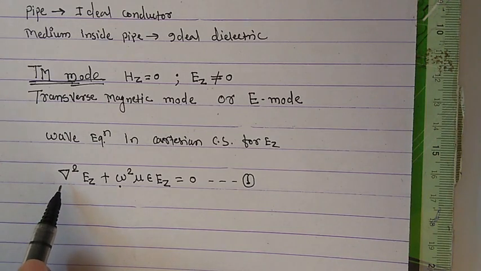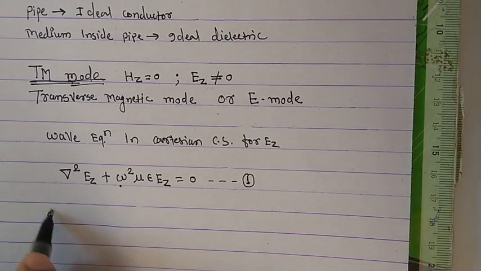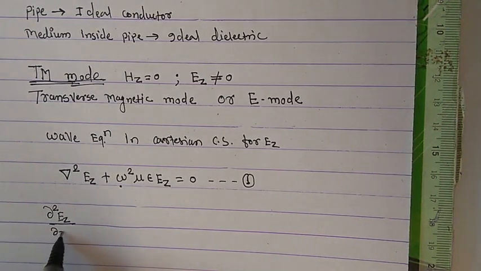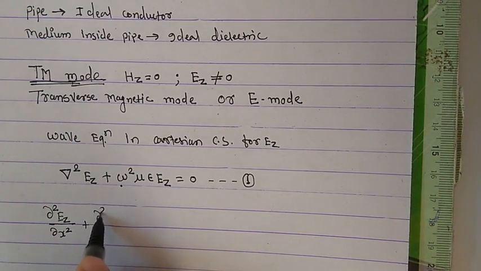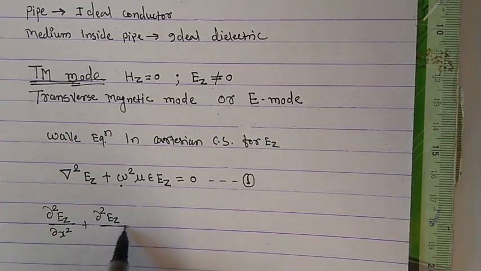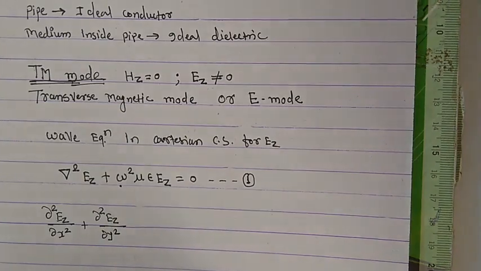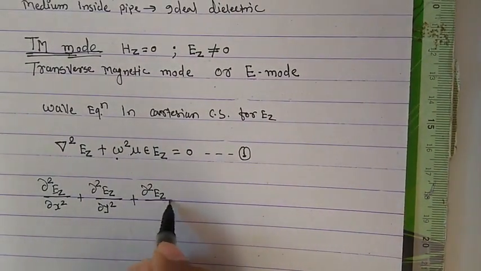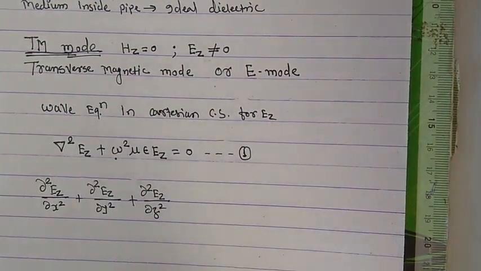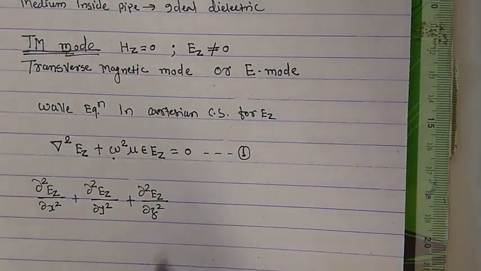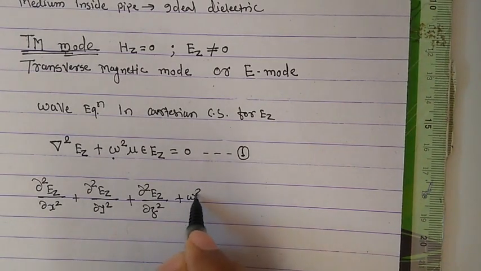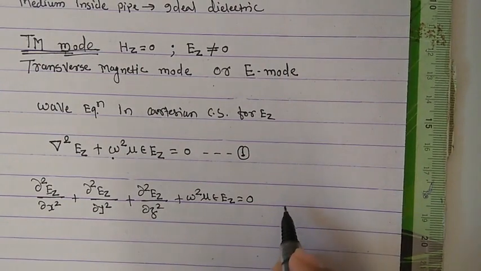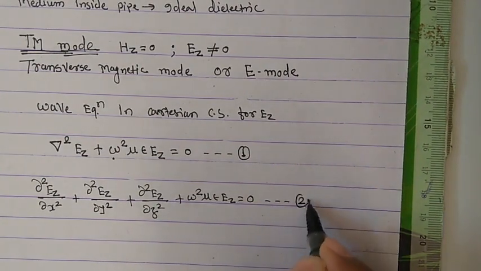So expanding del square, del square Ez is del squared Ez by del x square, plus del squared Ez by del y square, plus del squared Ez by del z square, where Ez is a function of x, y and z, plus omega square mu epsilon Ez equal to 0. Let me call this equation 2.